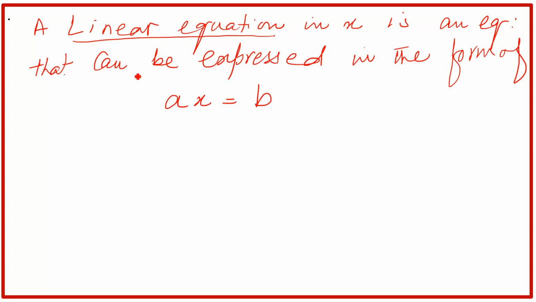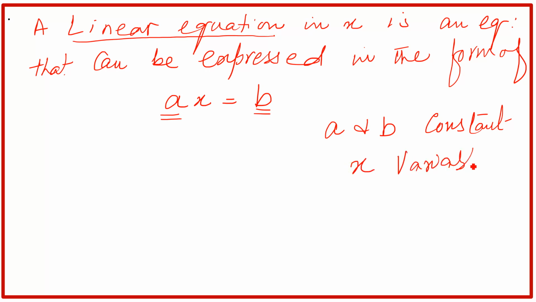In an equation that can be expressed as ax equal to b, this a and this b are constants, while x is the variable, and we have to find the value of the variable. A and b are constants, while a should never be equal to 0.